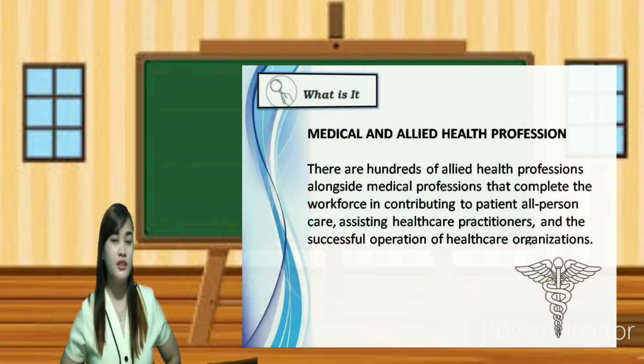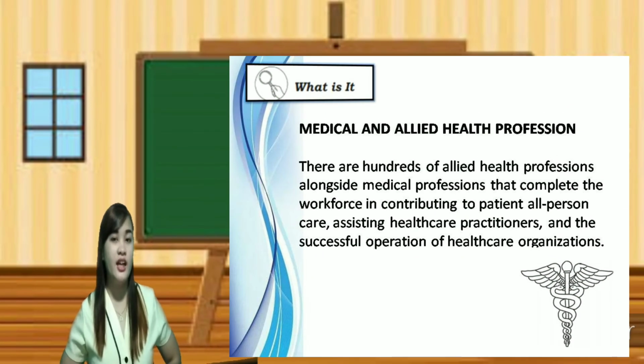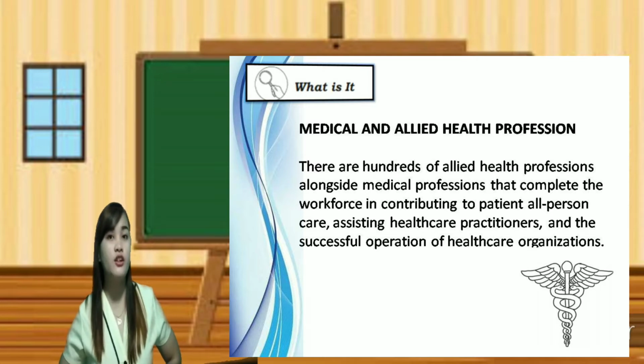Now, let's tackle the medical and allied health professions. There are hundreds of allied health professions alongside medical professions that complete the workforce in contributing to patient all-person care, assisting healthcare practitioners and the successful operation of healthcare organizations.